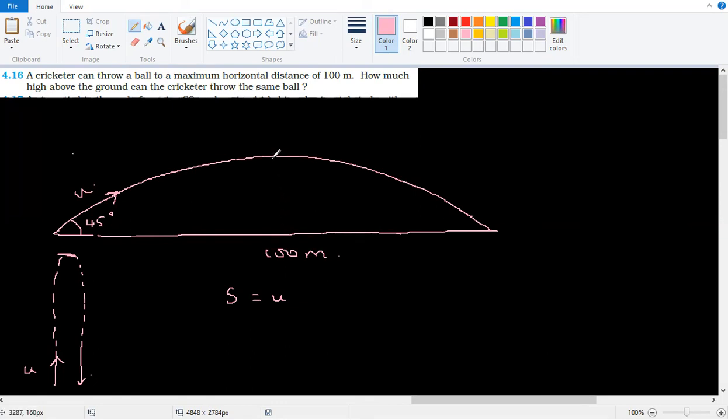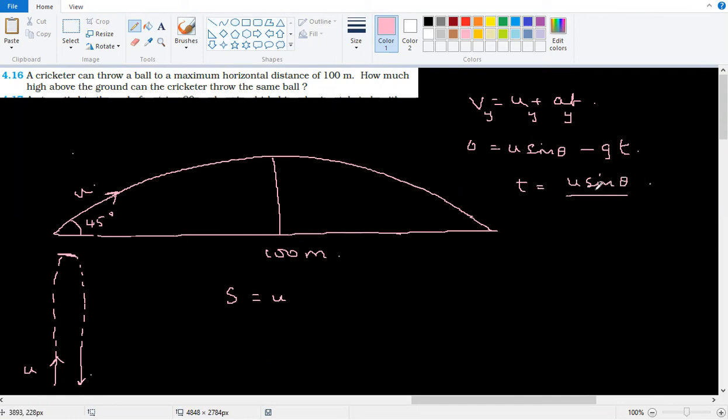Otherwise, every time you have to go back to the basics. You know that V is equal to U plus AT. So this becomes 0, this becomes U sine theta, this becomes minus G, this becomes T. So that means T is equal to U sine theta by G.